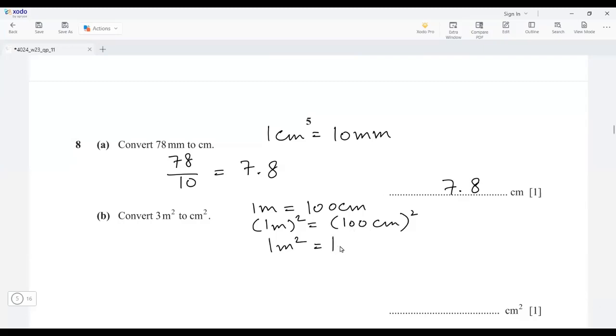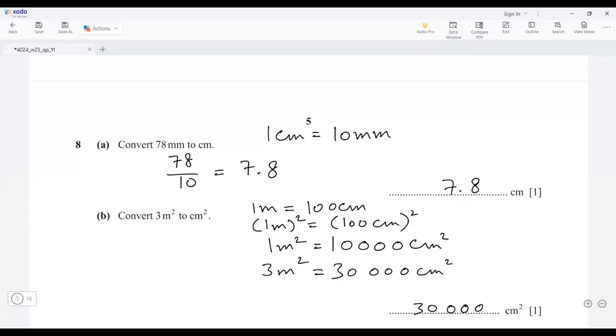If there are 2 zeros, we have to make them 4. 1, 2, 3, 4 centimeters squared. And we're going to convert 3 meters squared into centimeters squared. It means that if 1 meter squared is 10,000 centimeters squared, so 3 meters squared will be 30,000 centimeters squared. So I have to write 30,000 centimeters squared. These are the basic unit conversion things.